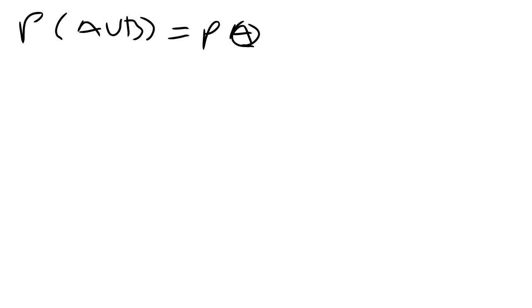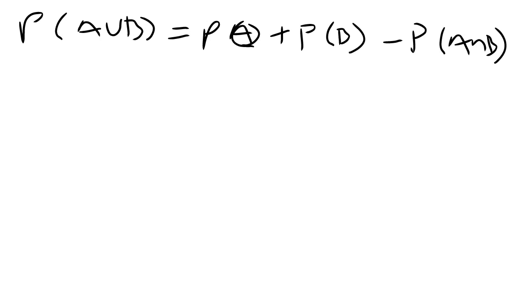So we can now apply our formula, which is probability of A union B equals probability of A plus probability of B minus probability of A intersection B. We can now substitute.